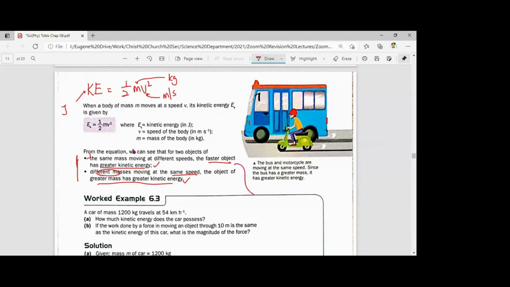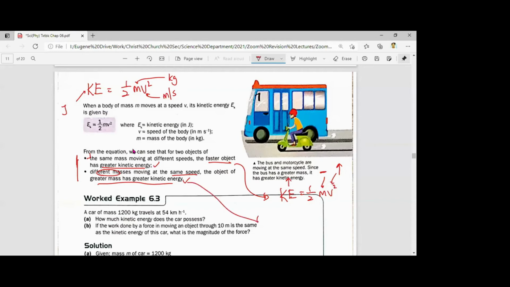What this is saying is that if I compare KE equals to half mv squared, if m stays constant and V increases, because it's m times v squared, KE will increase.